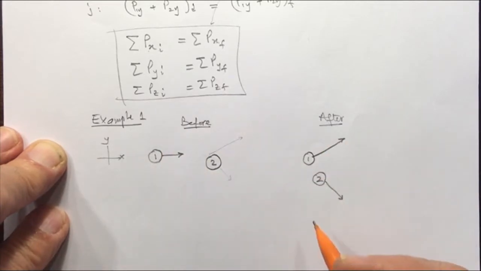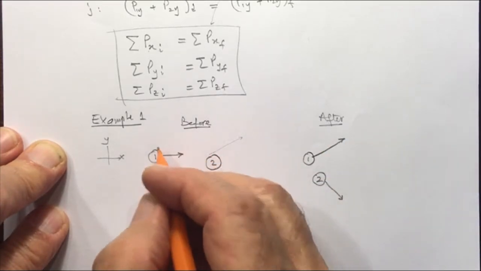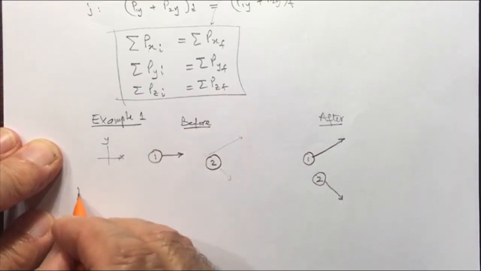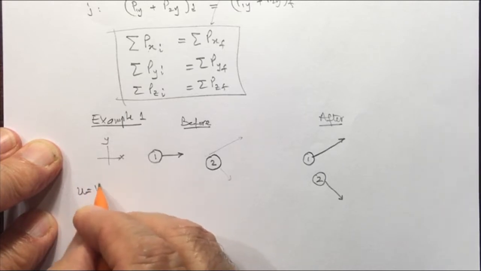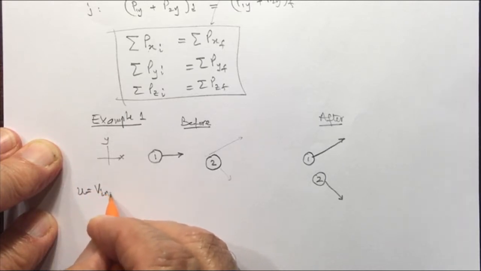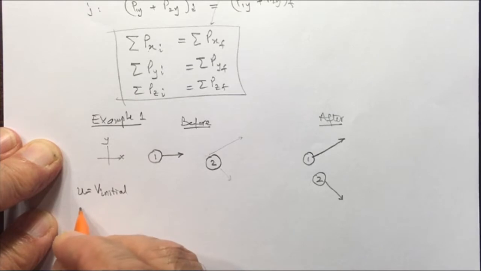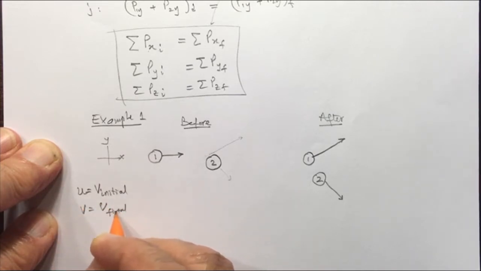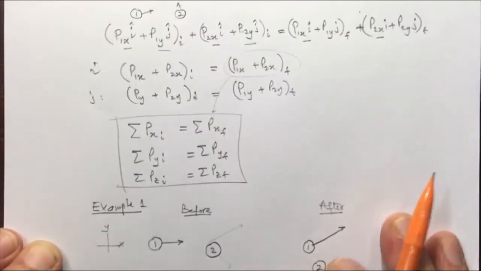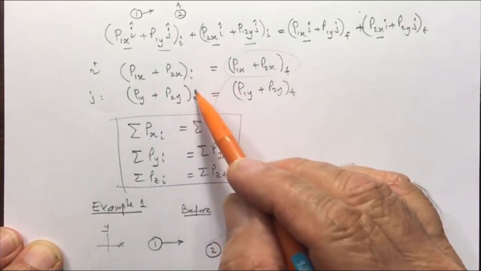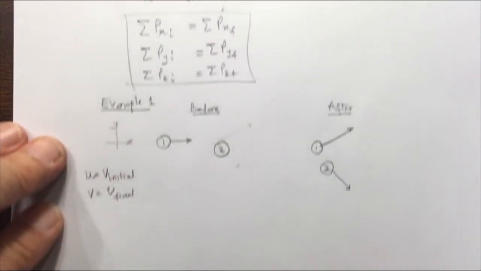Now let's take some numbers, and let's say we will use u for the initial velocities and v for the final velocities. So that way we'll avoid the subscripts i and f, and it becomes a little easier to write the whole thing down.